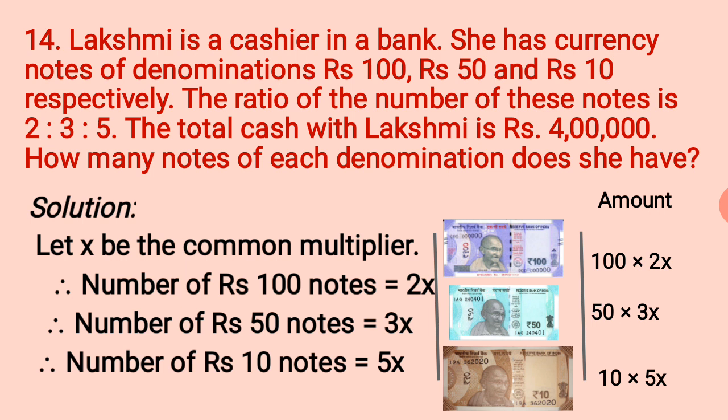Let's proceed. The total cash is told to be 4 lakh. Here we have now the amount of all the 3 denominations separately. So total means addition. All the 3 amounts will be added and the total will be 4 lakh. Let's move ahead and see how to proceed.